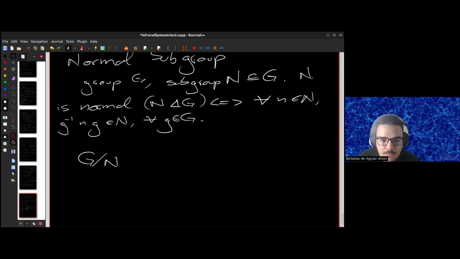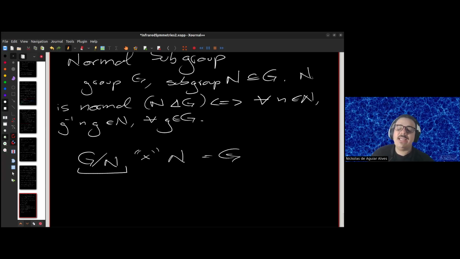So this is going to be a simpler version of G, and at the end of the day, you can write the full group G as a suitable product of this quotient, times, let me write it with quotation marks here because I have not defined a product of groups, times N, and this is going to be the original group. So I can decompose the group in smaller pieces and study one of them at a time and get more information on the full group G by taking a look at what happens in each of those pieces.